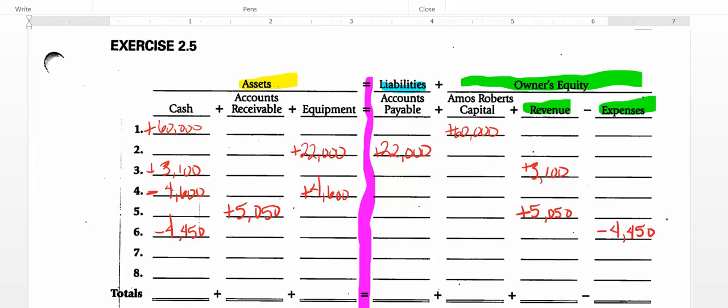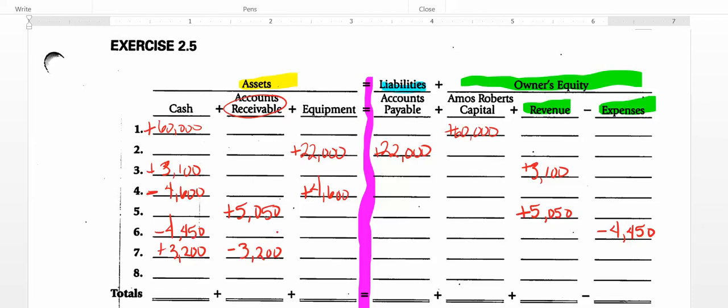All right, number 7, we received $3,200 cash from charge account customers. So we're going to add cash, $3,200, and charge account customers have paid to accounts receivable. So now we have reduced how much people owe us by $3,200.